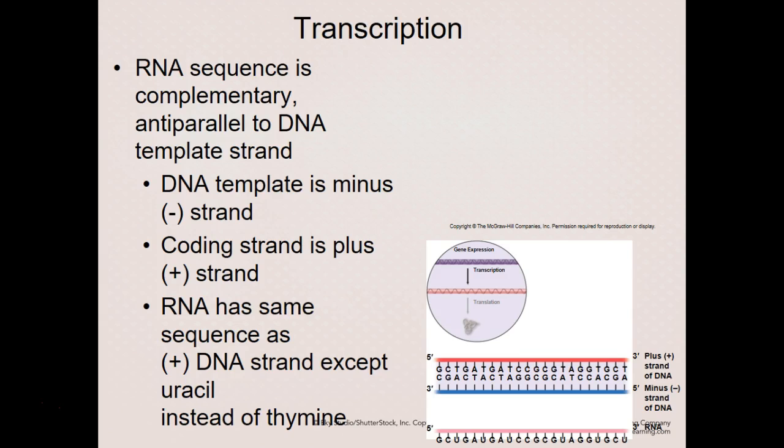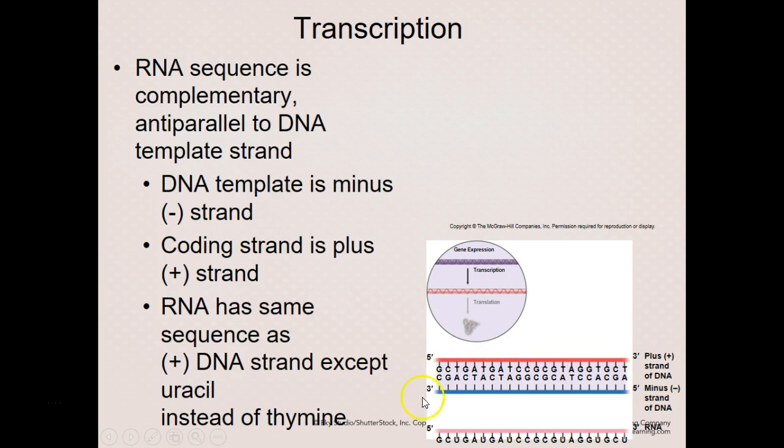The DNA strand is going to be identical to the messenger RNA strand if it is the coding strand. So the coding strand of DNA will be identical to the messenger RNA produced, except for anywhere that there is a thymine in DNA, we have a uracil in RNA. So we use the non-coding or the template strand to produce the messenger RNA molecule that is identical to the coding strand.